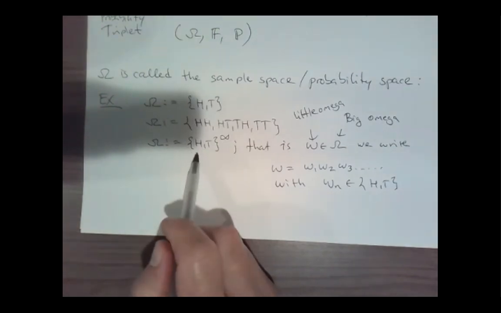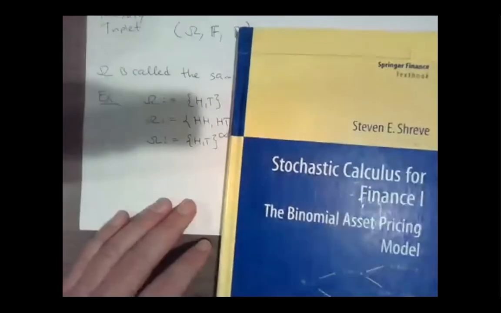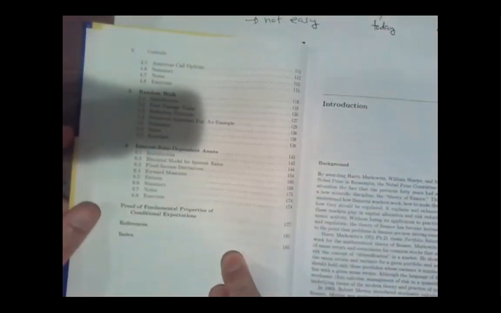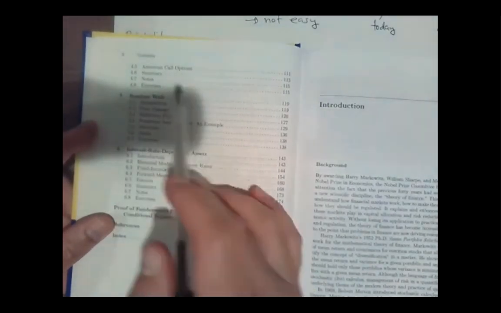This actually comes up in our textbook. Let me just show you where it comes up, if you're interested. Yeah, it comes up here in chapter 5, the random walk chapter.